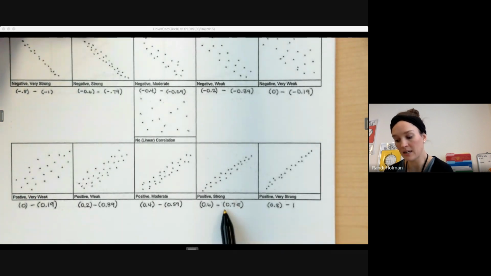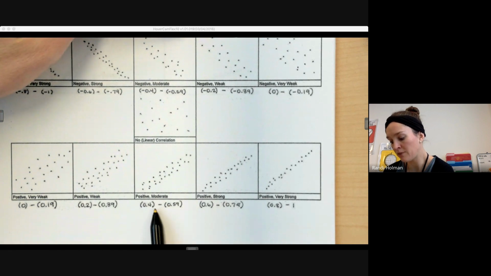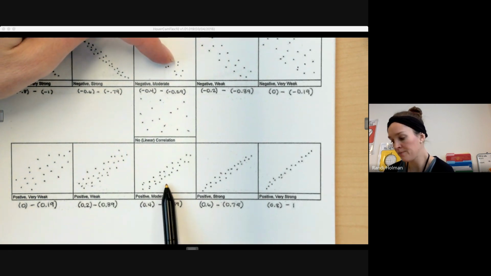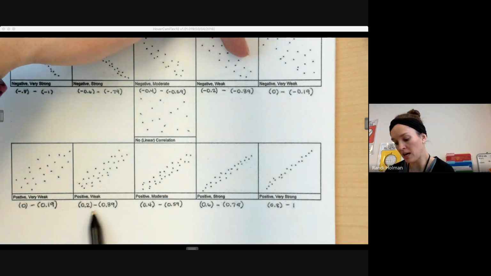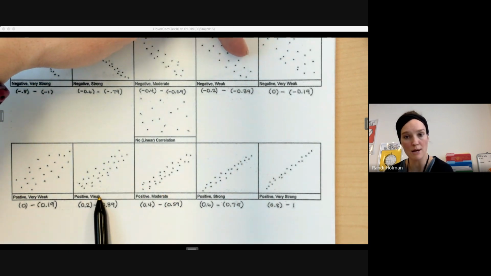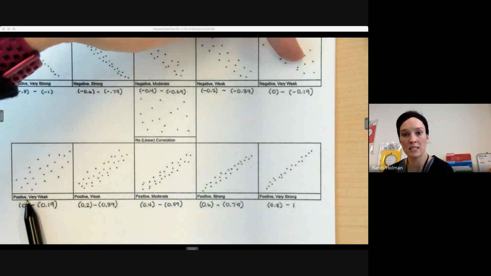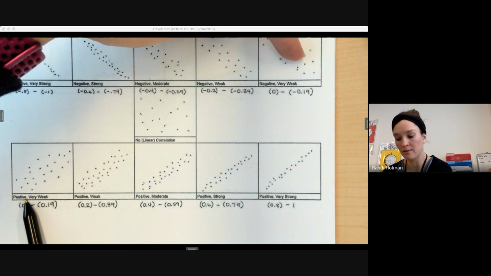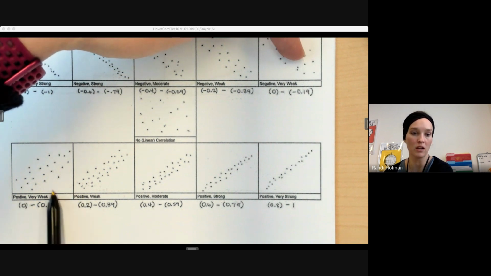Between 0.6 and 0.79, it's strong. Between 0.4 and 0.59, it's moderate. 0.2 to 0.39 is pretty weak, and 0 to 0.19, whether positive or negative, is a very weak relationship.